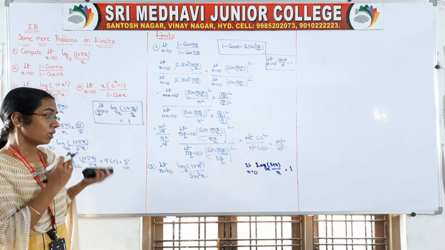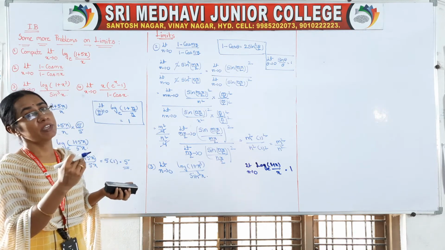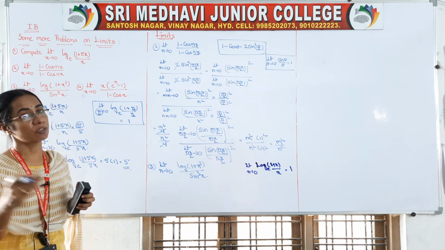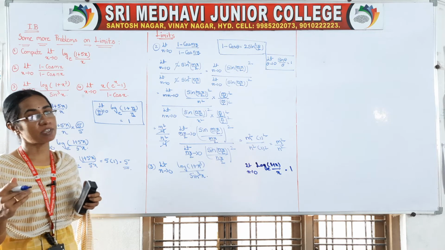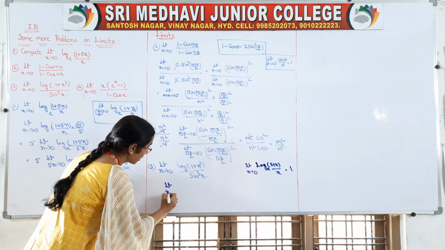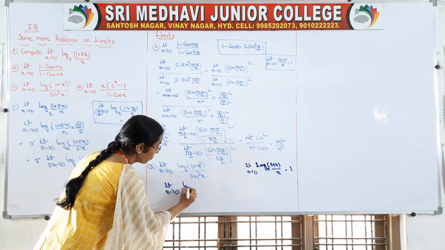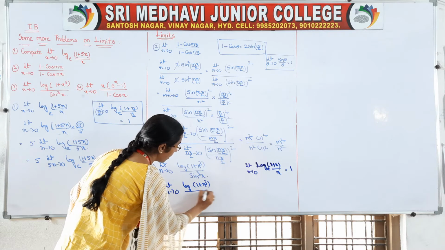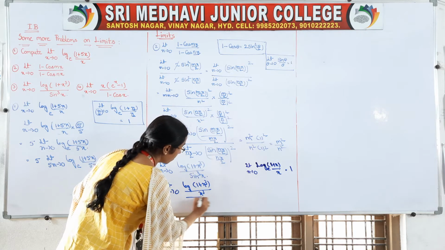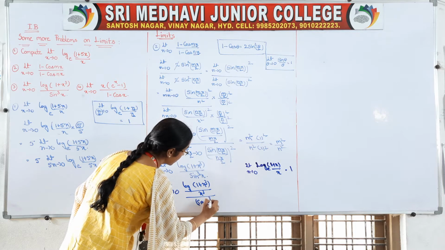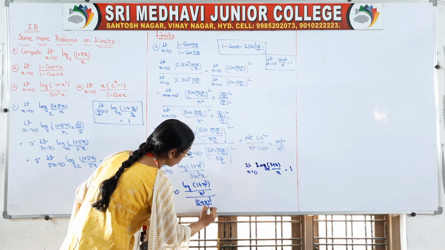So we have to divide the numerator by x cube, but we cannot do it like that. We have to do it with the numerator as well as the denominator. So limit x tends to 0, log of 1 plus x cube by x cube, by sine x whole cube by x cube.